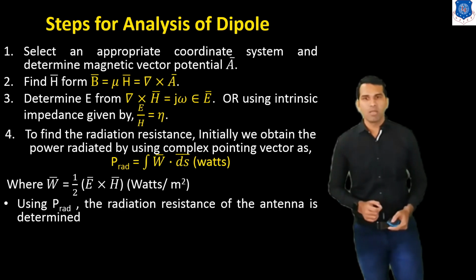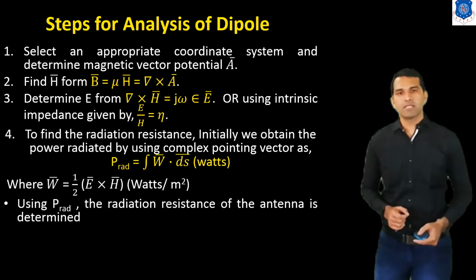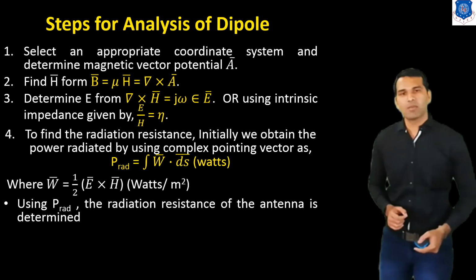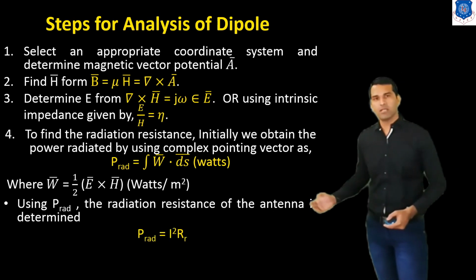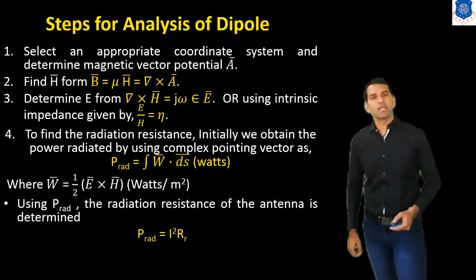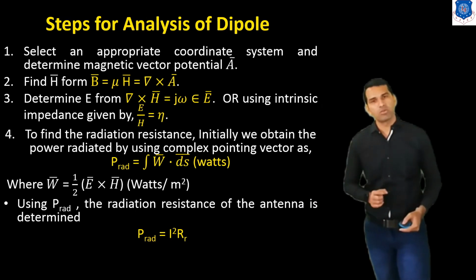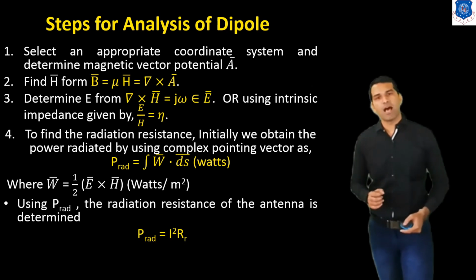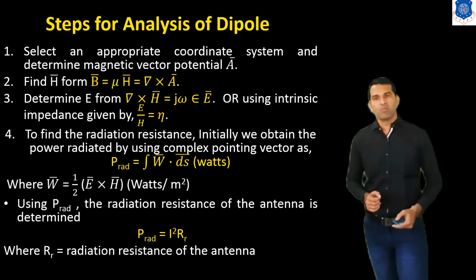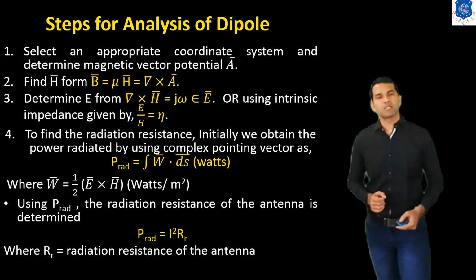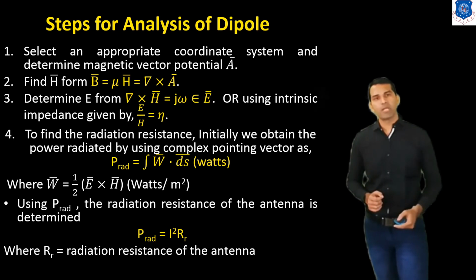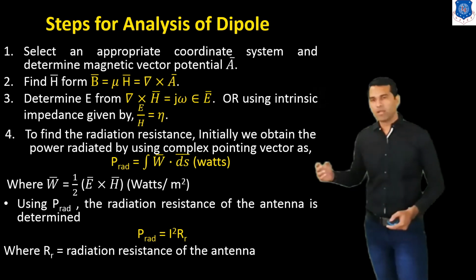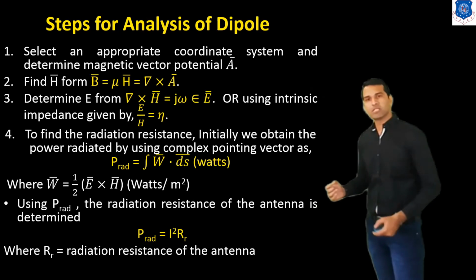Using P radiate, the radiation resistance of the antenna is determined by using this equation. The relation between the radiation resistance and the power radiated is P radiate = I² R, where R is the radiation resistance Rr of the antenna. So we can find the value of Rr by using this equation.